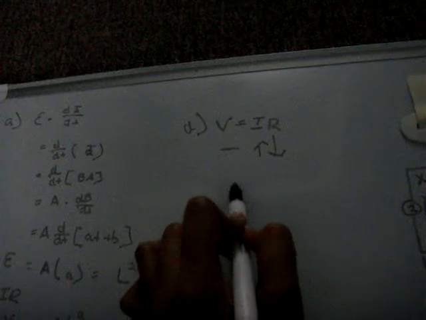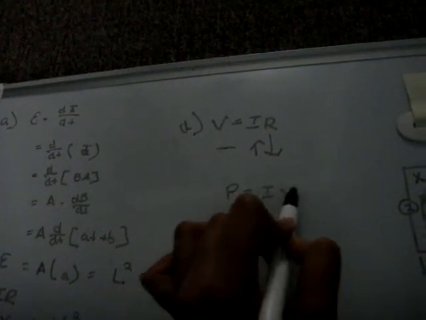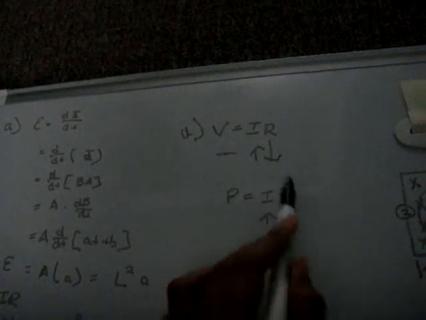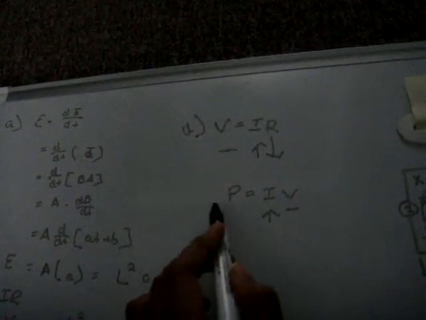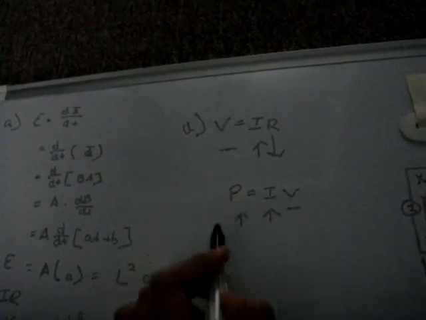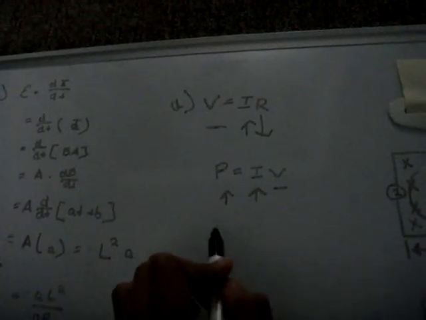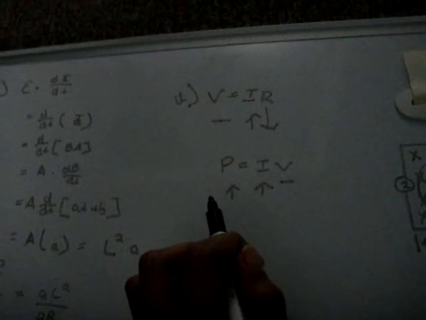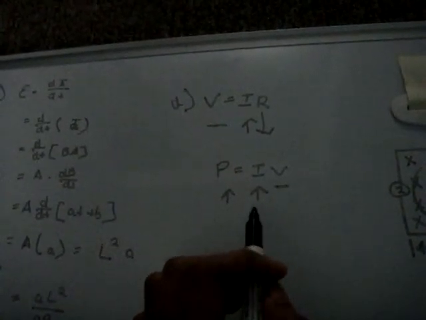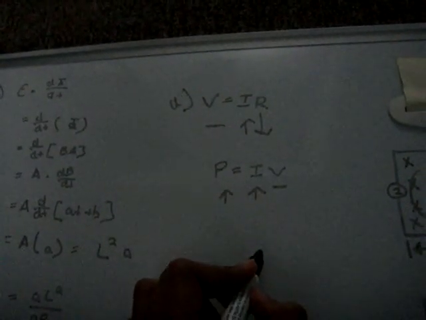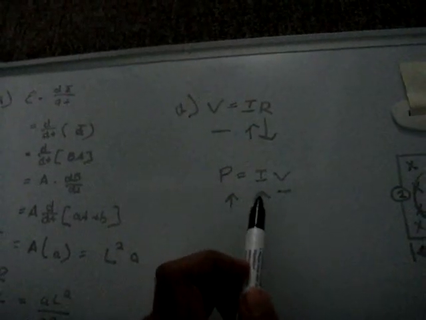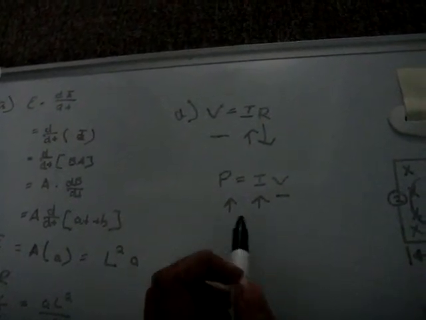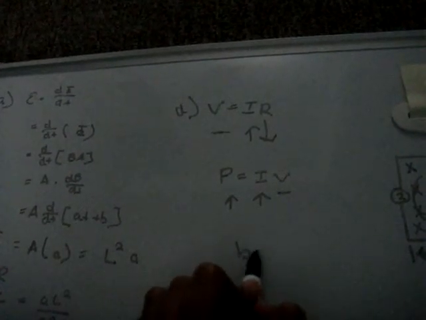Now if we have power equals IV, and V stays the same, but the current is increasing, that means the total power is also increasing. And if power is increasing, the brightness will also increase, and that's why bulb 1 will now be brighter than what it was. So again, you decrease the resistance, but you increase the current. Increased current gives a bigger power, thus making it brighter.